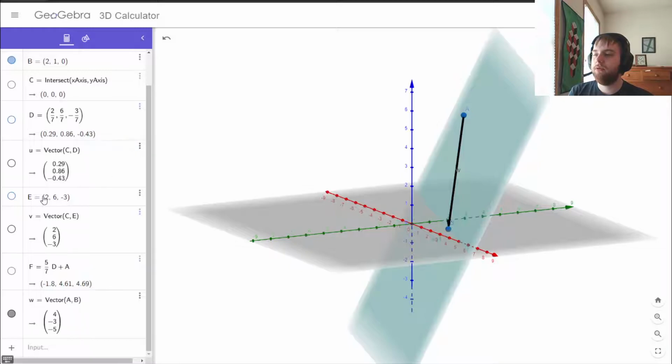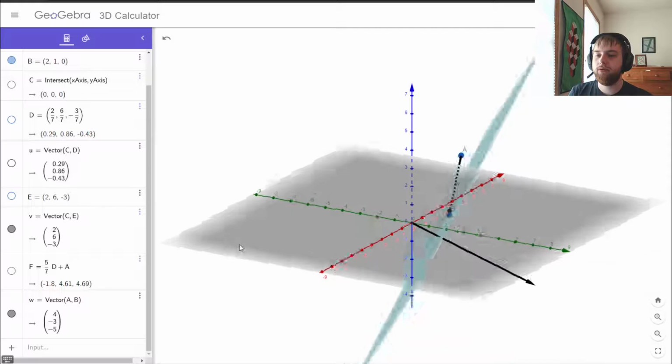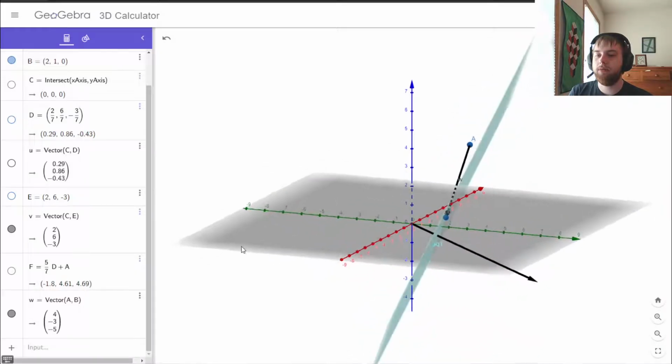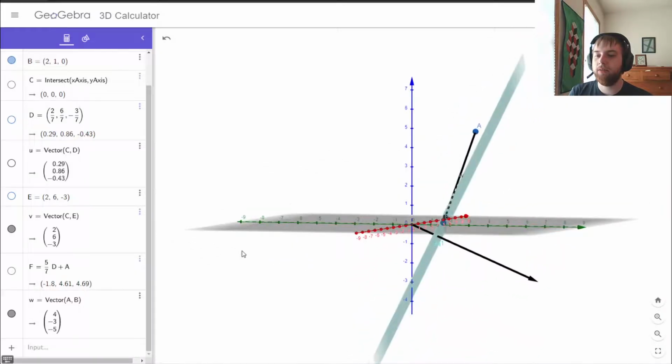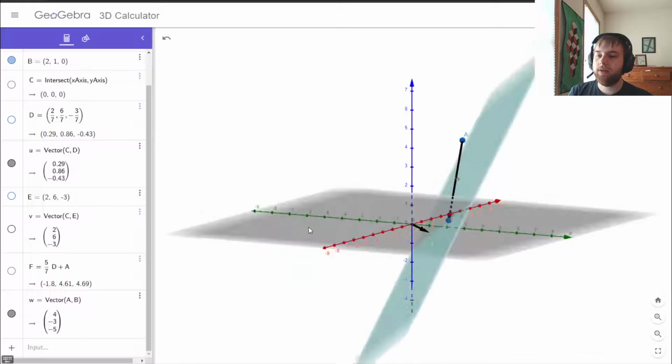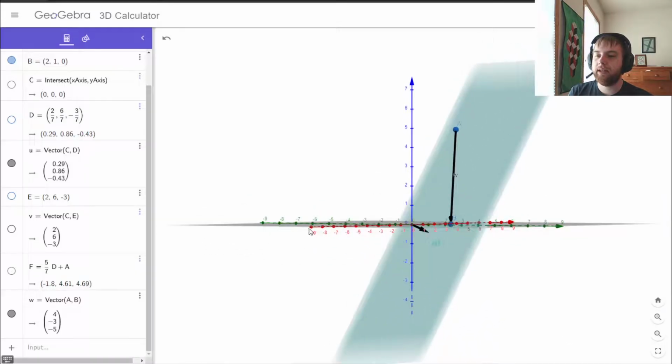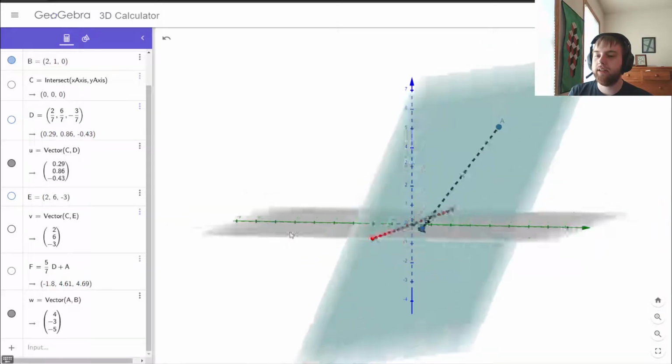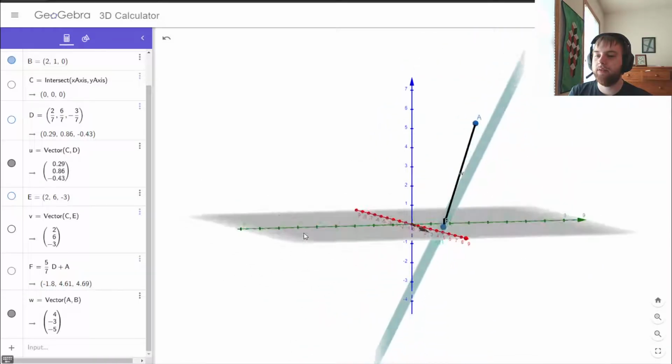The first thing we did was find our normal vector, which we found here, and you can see it does go perpendicularly into the plane and through it. The next thing we found was our unit vector here, which is hard to verify, but this little arrow has a length of 1.